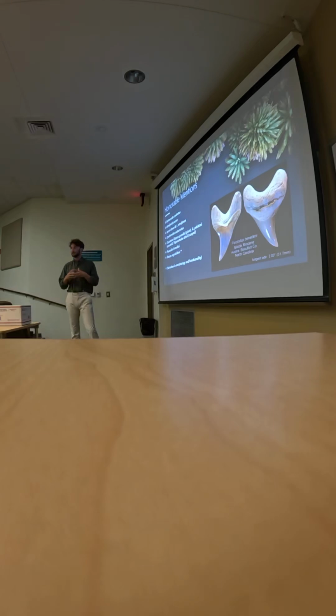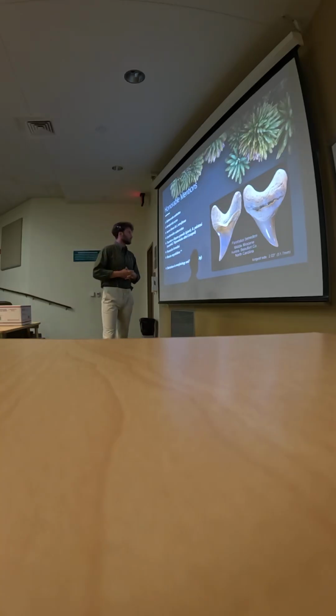The Hemipristis serra is a snaggletooth shark, and these teeth are actually very desirable amongst collectors because they're hooked, and on the inside of the hook, the serrations are very pronounced. On the outside of the hook, the serrations are very fine. And so people love those teeth.